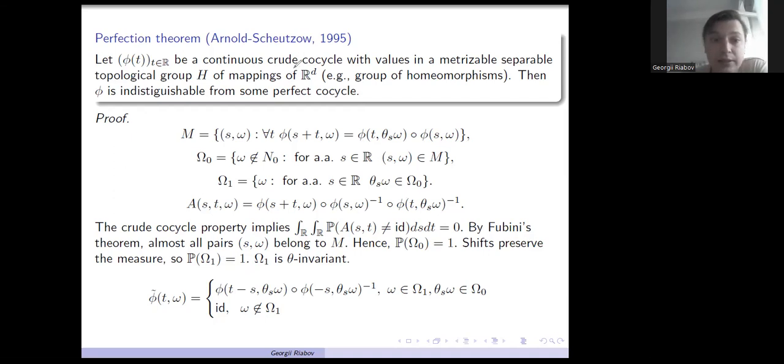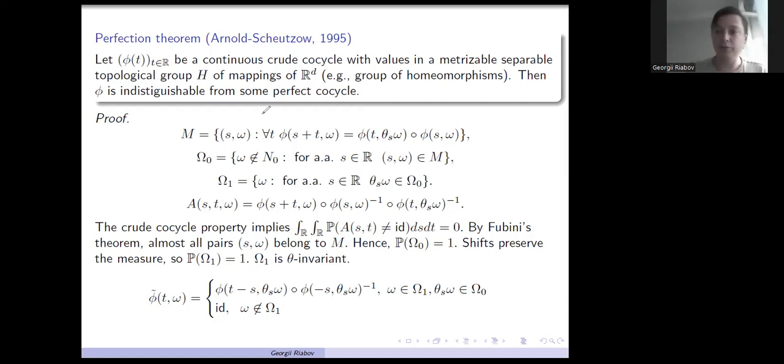It consists of mappings of R^d, and these mappings live in some metrizable separable topological group of mappings. Then this crude cocycle is indistinguishable from some perfect cocycle.